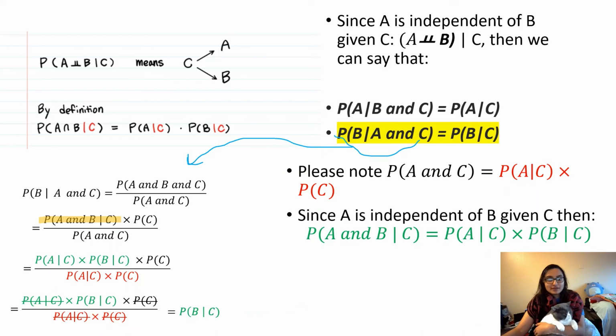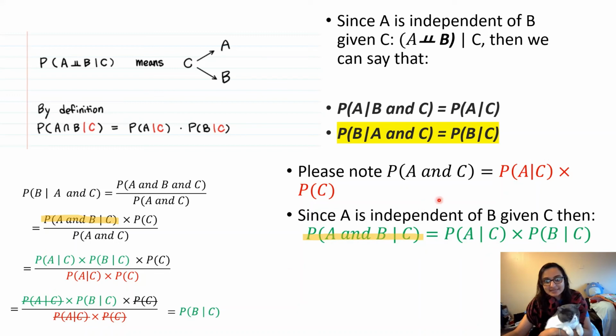And what we do is write it in the following way. The probability of A and B given C, this probability here, is what we express here.